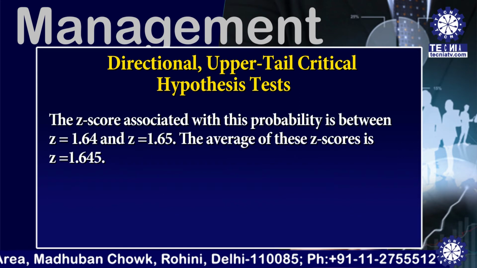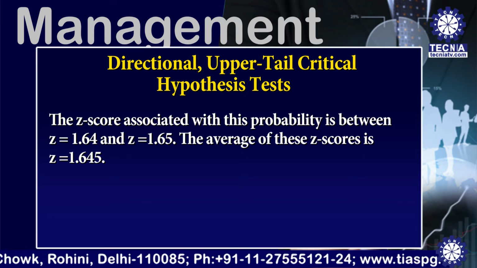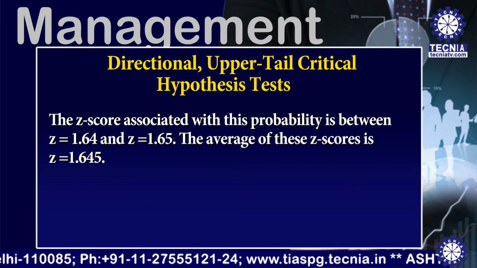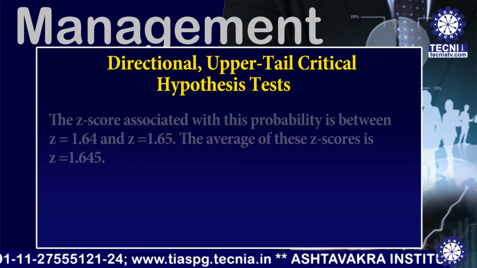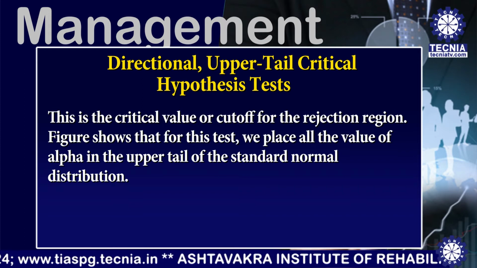The Z score associated with this probability is between Z equals 1.64 and Z equals 1.65. The average of these Z scores is Z equals 1.645. This is the critical value or cutoff for the rejection region.